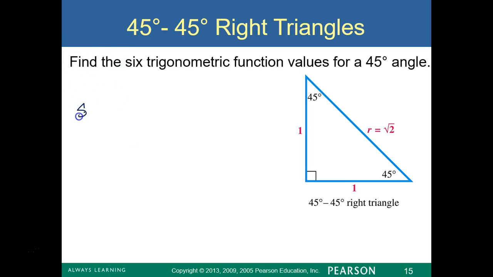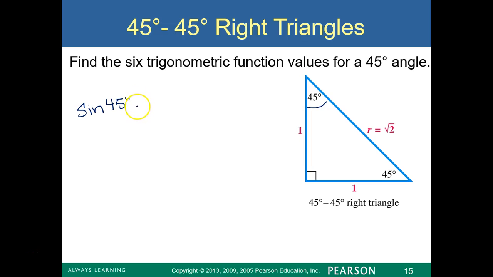So we get sine of 45. Now remember, these are both 45 degrees, so it doesn't really matter which angle we use and which side is our opposite and our adjacent. The only thing that does matter is that r is definitely our hypotenuse.